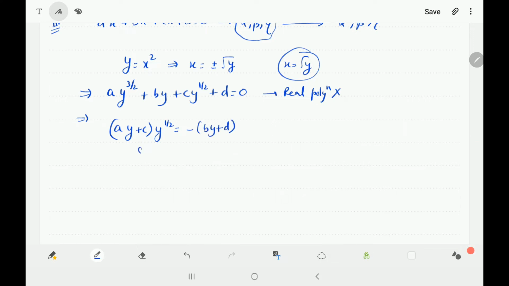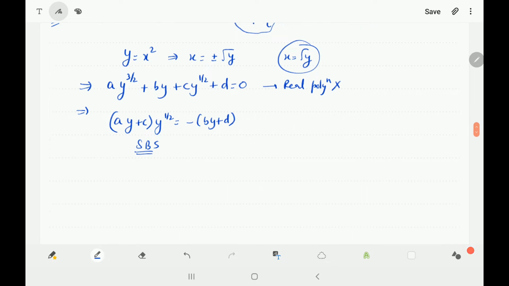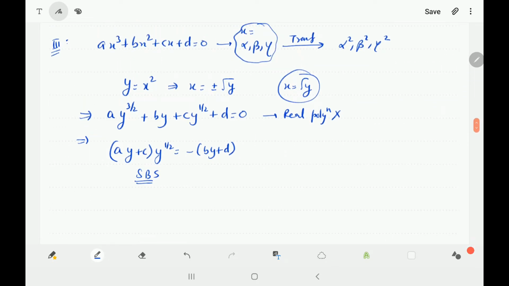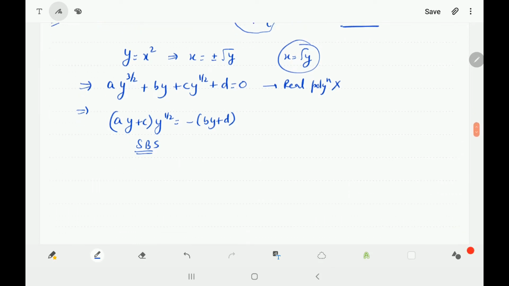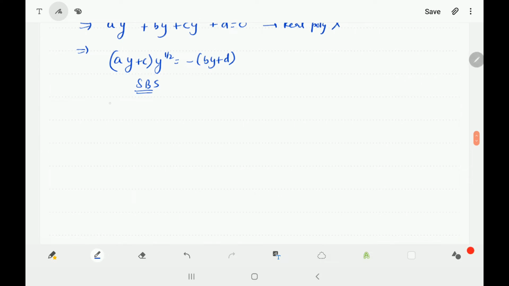Now squaring both sides, you must be remembering that because there are three roots, the degree of this particular equation should be 3. So if I square both sides, I'll get a square y square plus c square plus 2acy into y is equal to b square y square plus d square plus 2bdy.